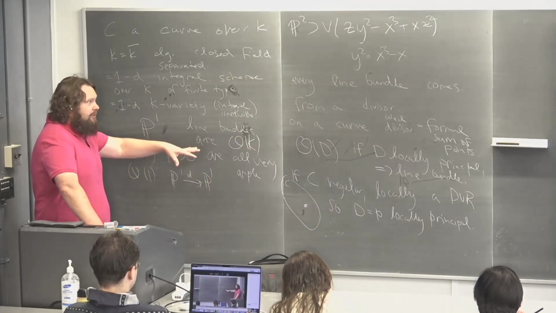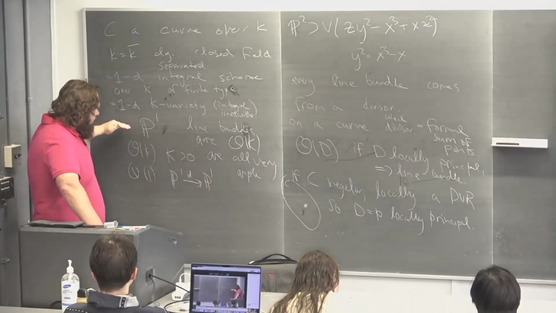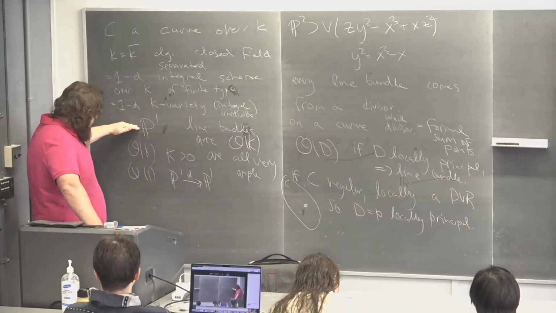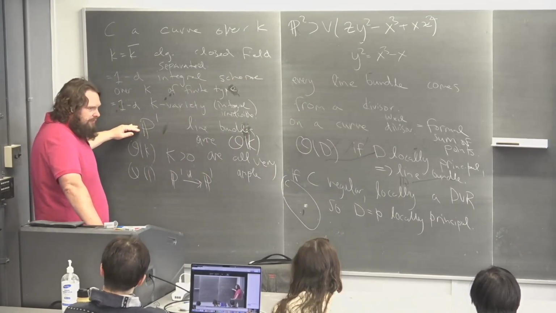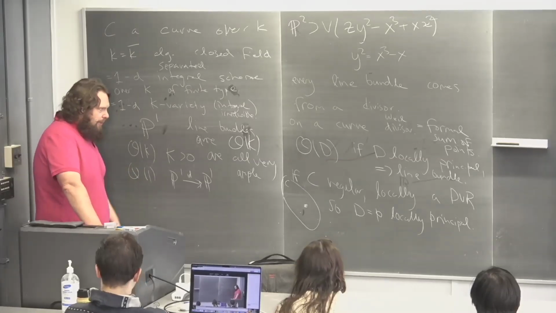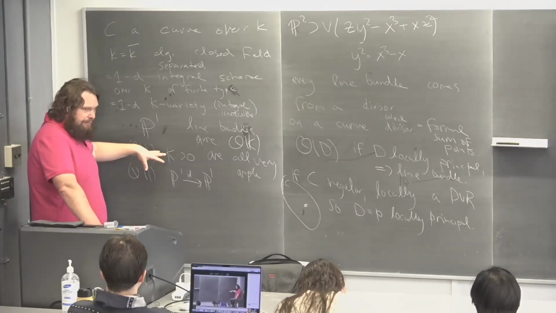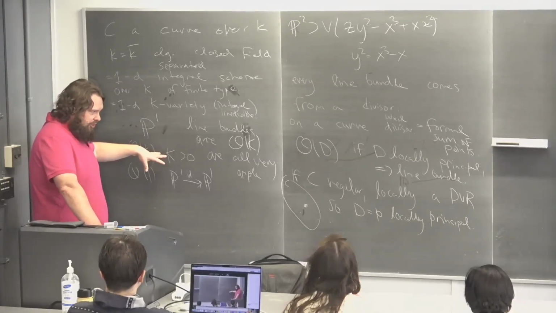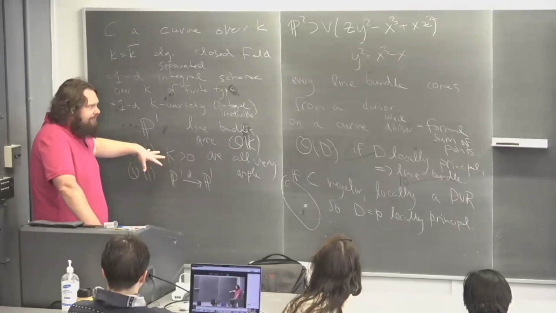Now, of course, not every divisor is going to be principal on most curves, right? So we saw on P1, and P1 is regular, so its local rings are all DVRs. Every divisor is locally principal, but there's a global invariant that divisors have that might stop them from being principal, which is summing up how many points there are in the divisor.